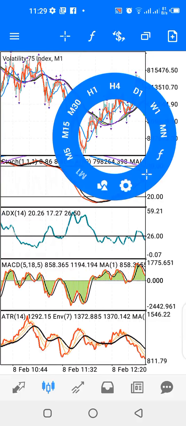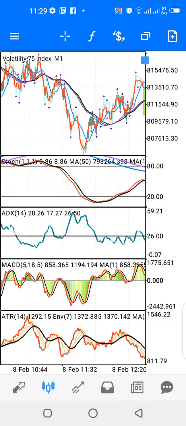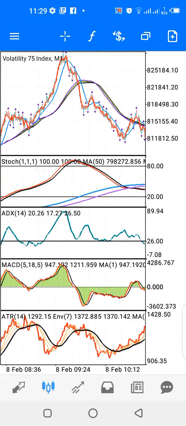You have a buy here. Now you have your sell where the red and the blue line cross down on the three lines.